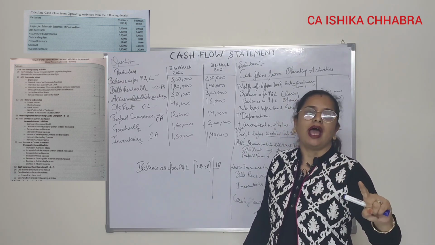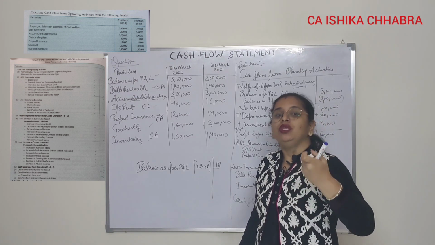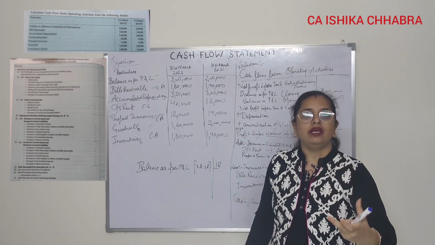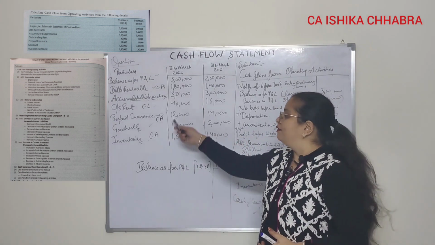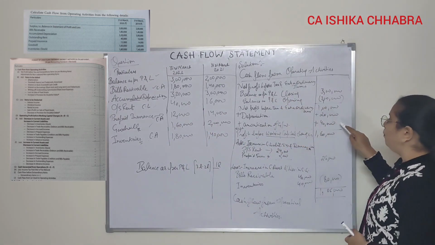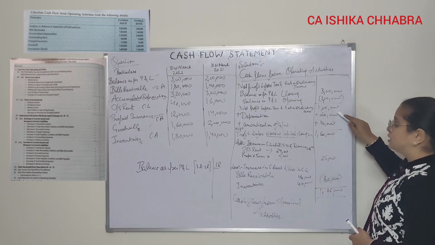We have not paid any amount for this. So for approaching towards the actual cash, we will add this back. How much is it? 40,000. So amortization on goodwill is plus 40,000. Then we will come to 1,60,000.